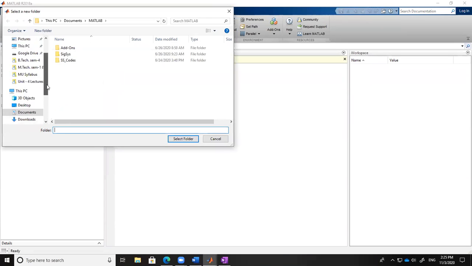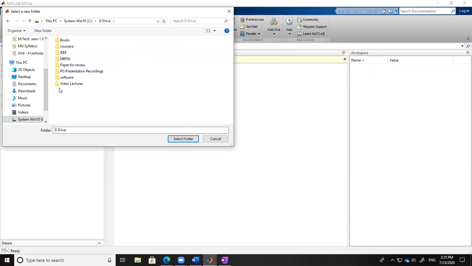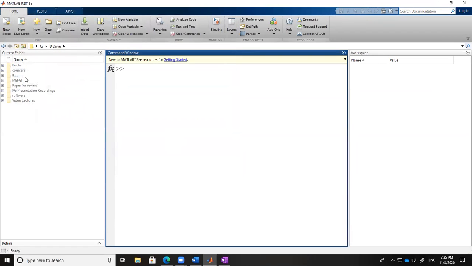Okay, for example, I want to go to D drive. In D drive, I want to set some folder for my purpose. I can set that folder later on, and then I can work in that folder. So you can set it from here, browse for folder.